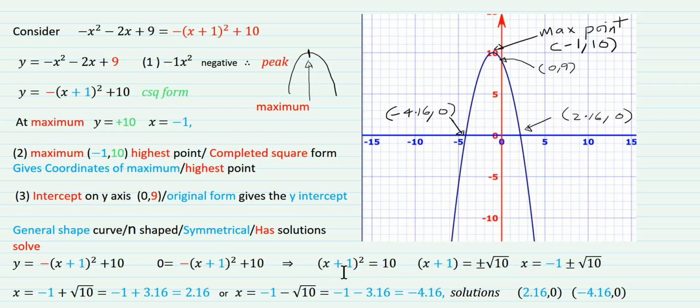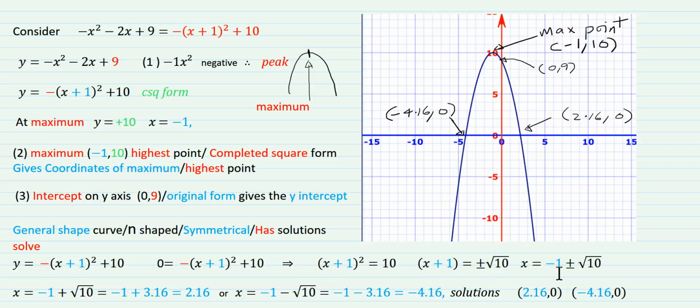Then you take the square root of both left and right. So this becomes x plus 1, and this becomes plus or minus the square root of 10. Then you add minus 1 to both sides. On the left you'll be left with just x, because the minus 1 and the plus 1 cancel.